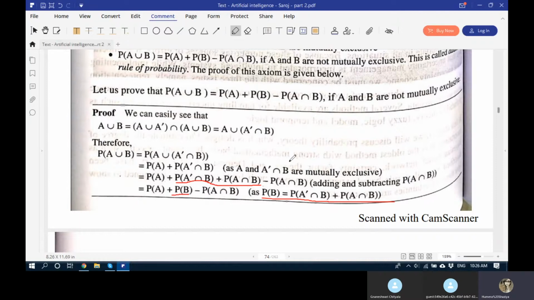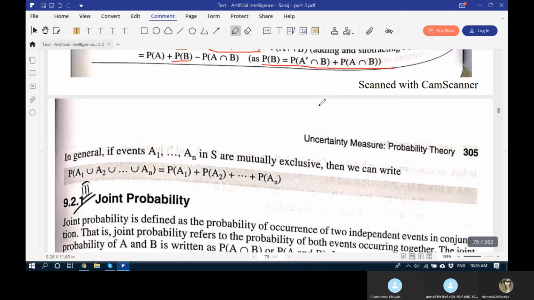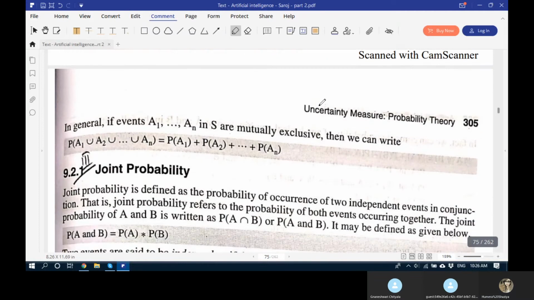So it is proved that P of A union B is equal to P of A plus P of B minus P of A and B for non-mutually exclusive events.